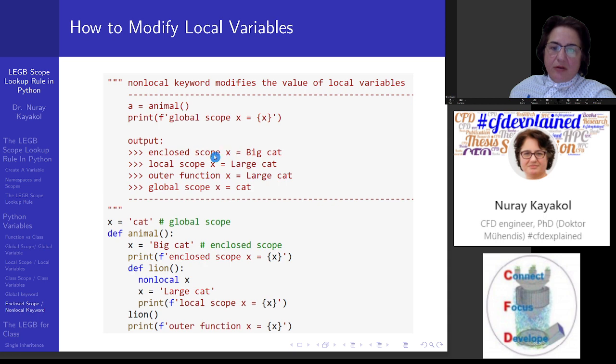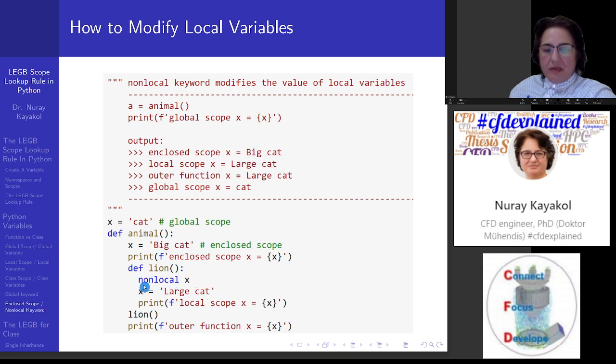Why does the enclosed scope appear as big cat? Because of the location of the print statement: it is used before the nonlocal keyword is used, so the program searches the inner block, and nonlocal is not used yet. That's why the value is big cat before changing it to large cat.